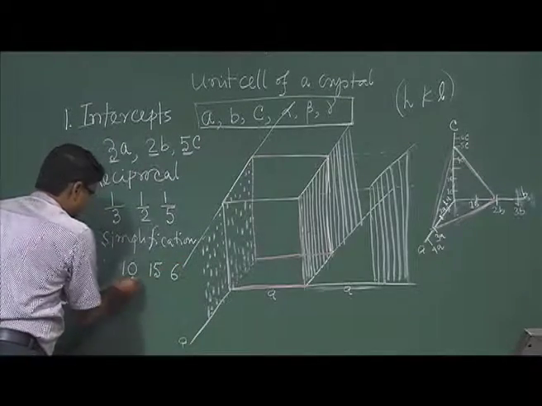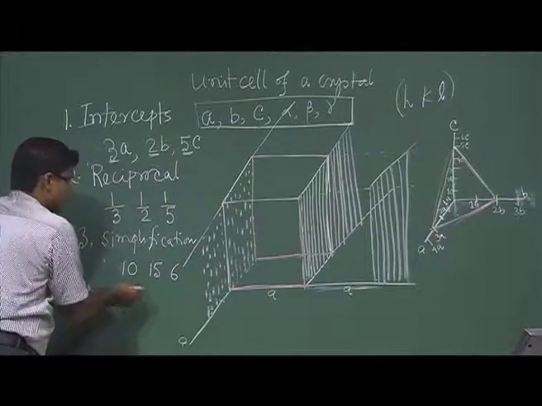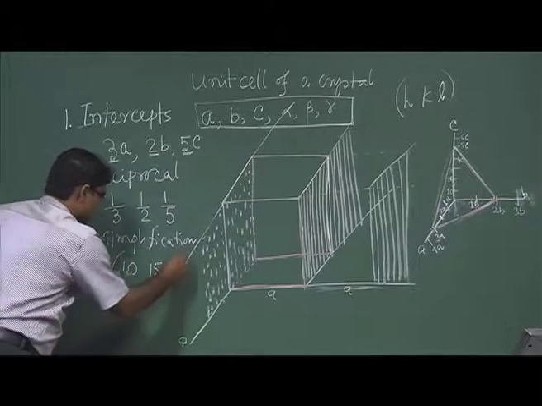So basically these are called Miller indices.